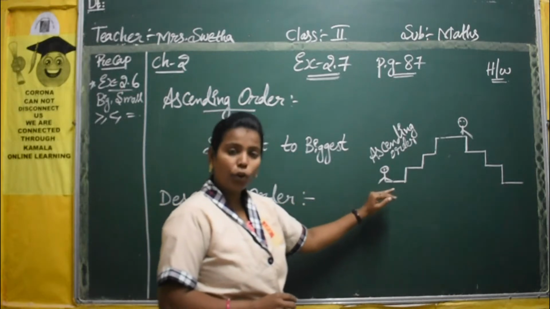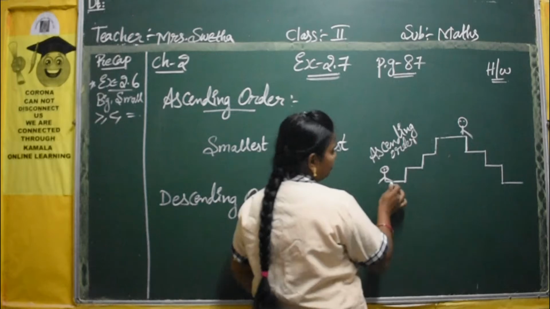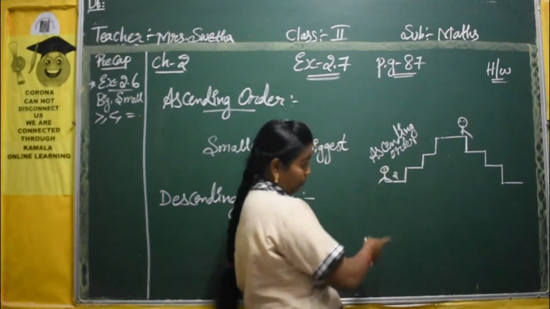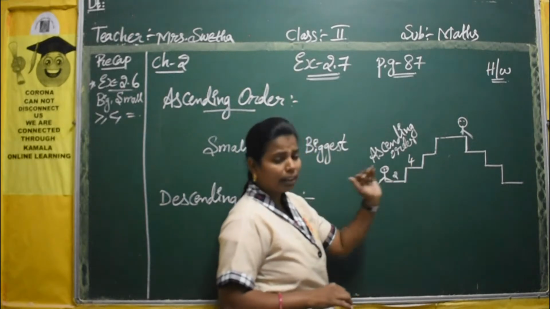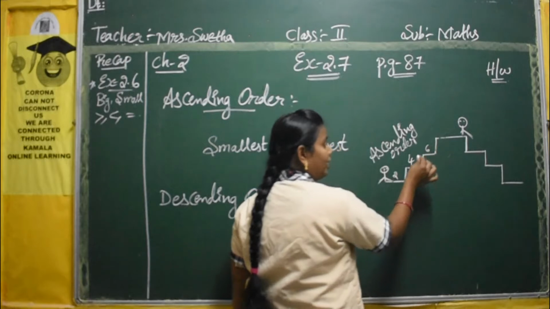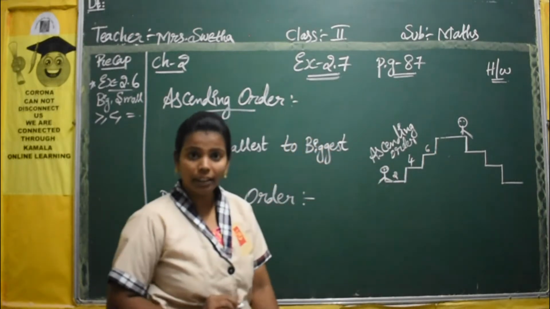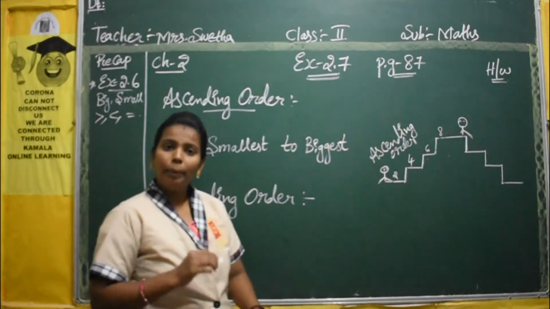I will give you an example with numbers also. The first number is 2, the smallest number. Next the number is 4, a little bigger than the previous number. Then the next number is a little bigger, and the next is a little bigger again.